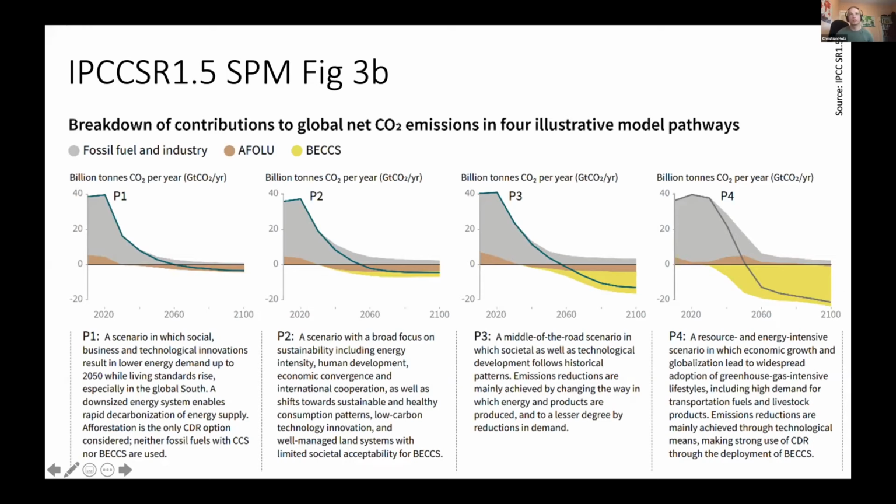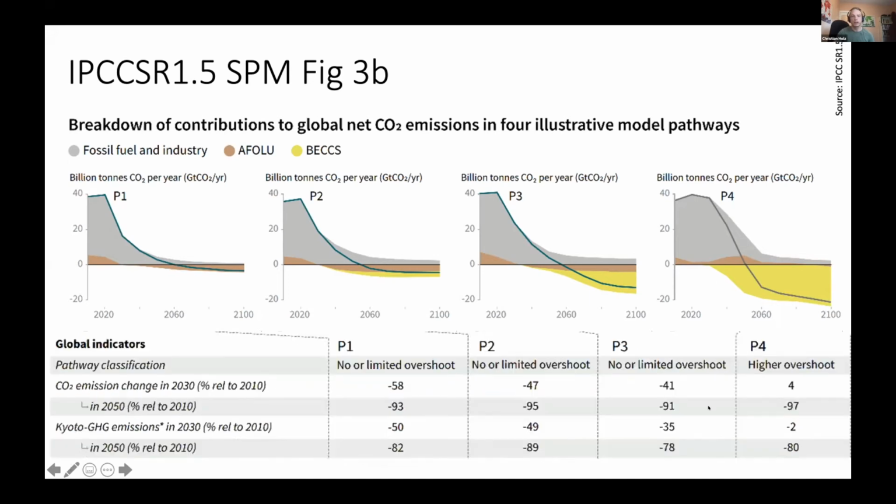And what carbon dioxide removal essentially does is, under the same carbon budget, it allows the timing of the emissions to shift over time. So in the P1 scenario, there's no carbon dioxide removal, and because of that, you need very steep near-term emissions reductions. Whereas in the P4 scenario, where there's lots of carbon dioxide removal, there are very low near-term emission reductions.